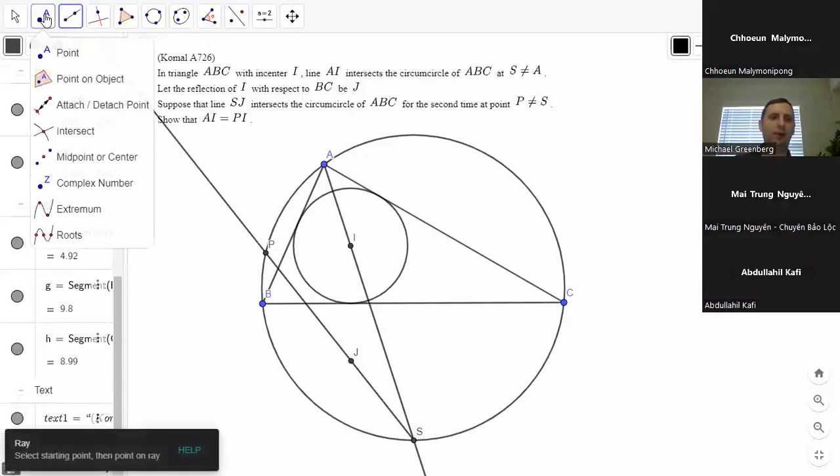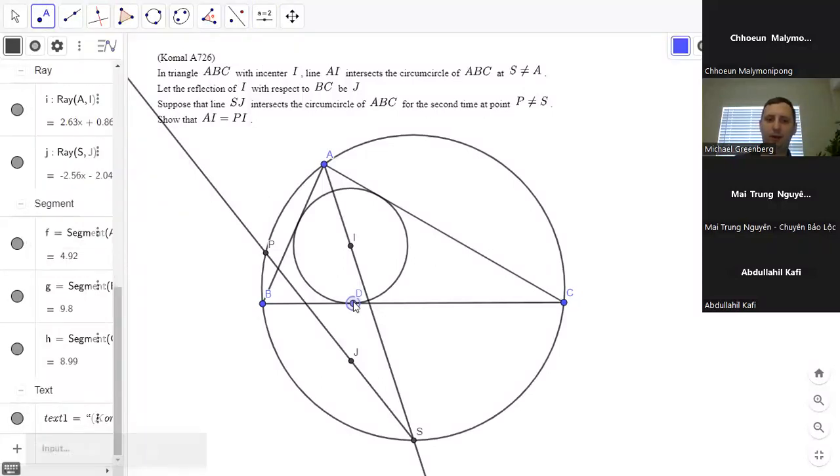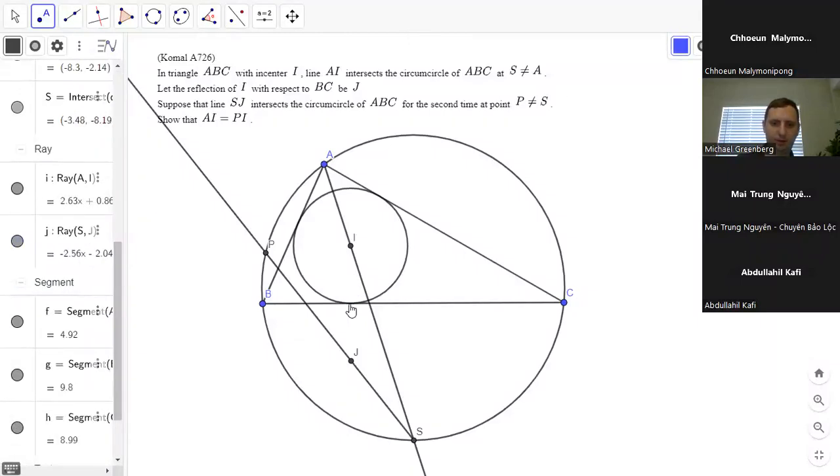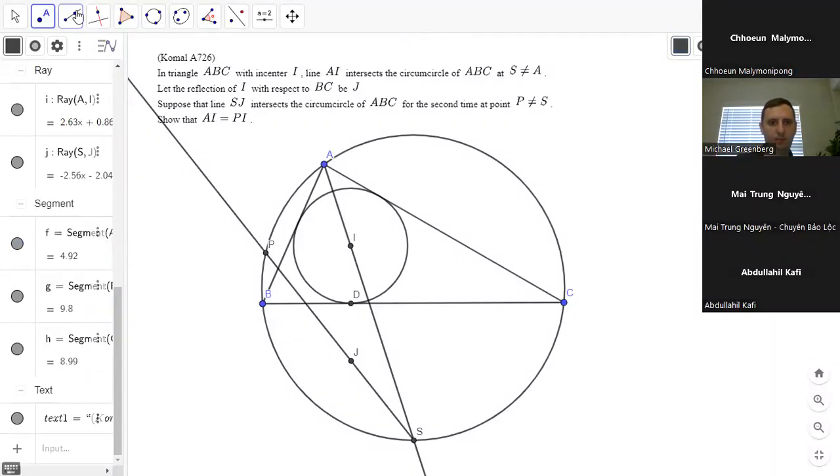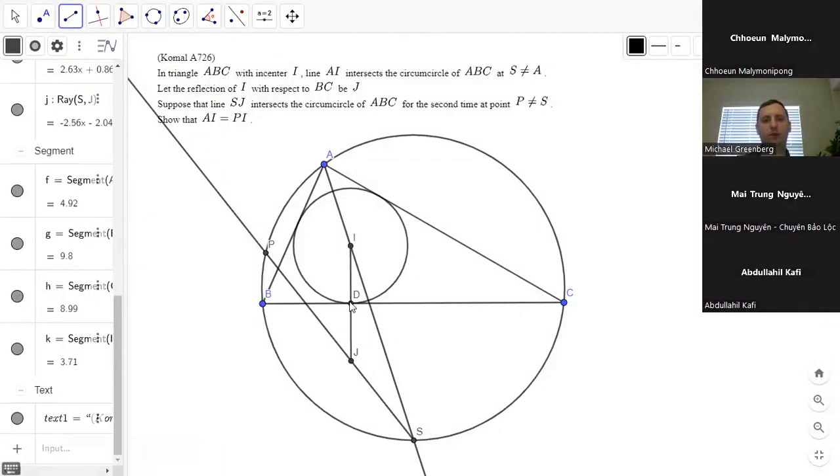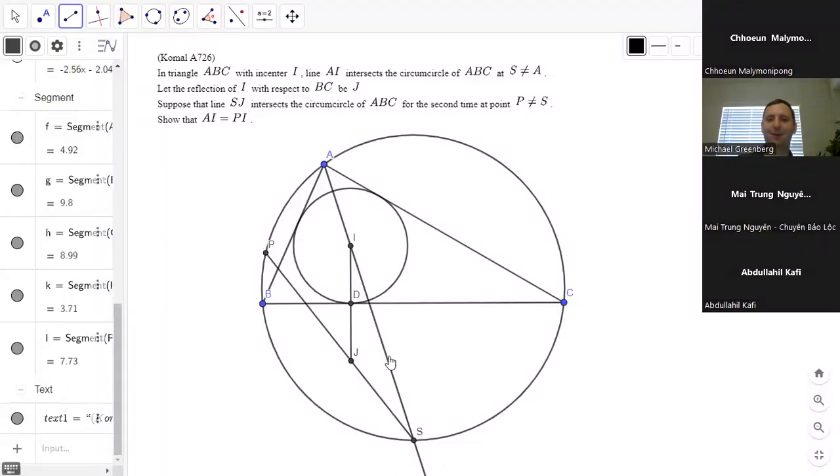So maybe some of you have already seen this before. I don't know if I've seen it. So yeah, those are reflections. And we want to show AI equals PI. Is it obvious? I don't know.